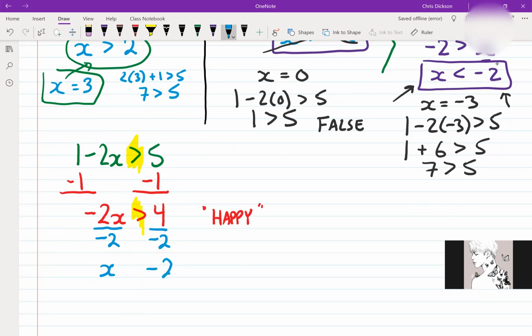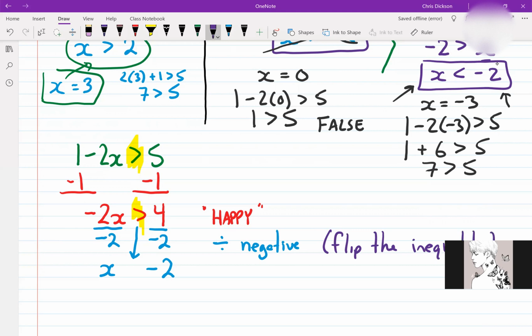But now, because we divide by a negative, it also is true if you multiply by a negative, but if you divide by a negative, you have to flip the inequality. So instead of being bigger than, now it is going to be less than. And that's true any time you multiply or divide by a negative number.